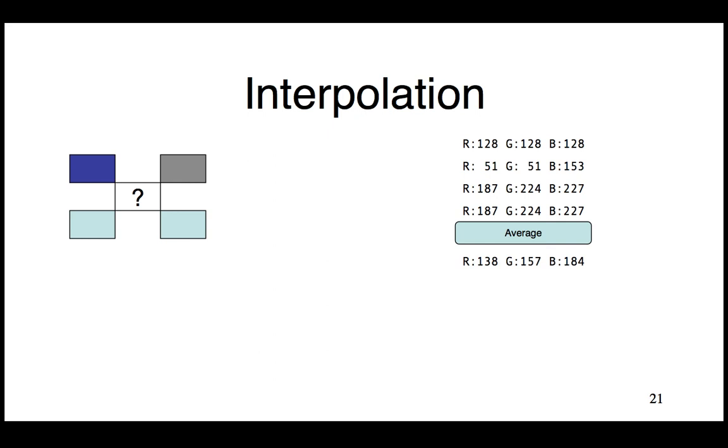And that color is in fact that, which looks right to me. That looks to me like the right mix of light blue and dark blue and grey. Everybody understand where that came from? So you're missing pixels, you try and make them up. Have a guess what they might be.